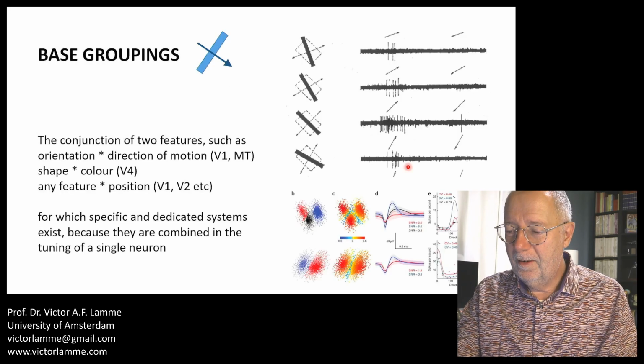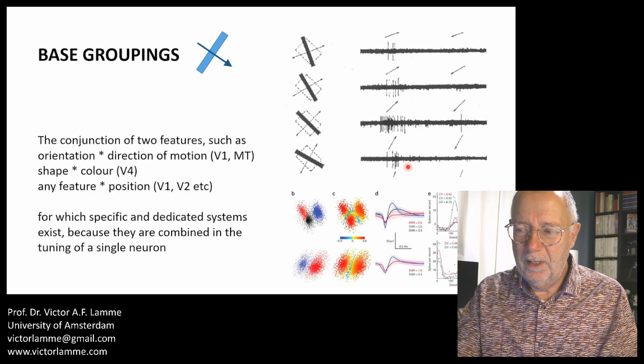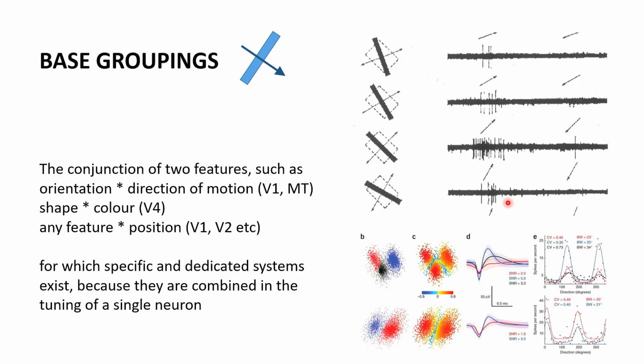Now, second to that, we also have to realize that neurons often extract multiple features at the same time. Take, for example, a neuron which is orientation selective, only responding, these are the action potentials, when this bar which is going over the receptive field has this particular orientation. It's very orientation selective, as you can see.